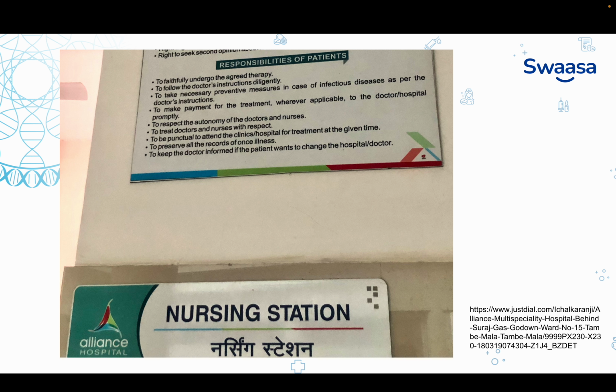Some think that there are other doctors or hospitals which are better than the present one. In this case, the family has to be very transparent to the hospital and the doctor that they want to take something called a second opinion.